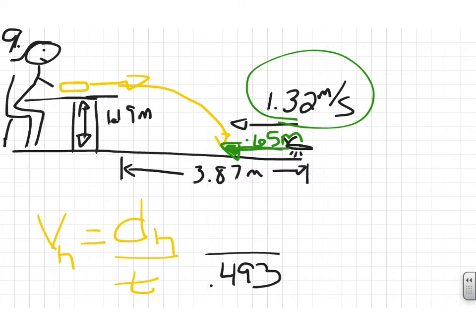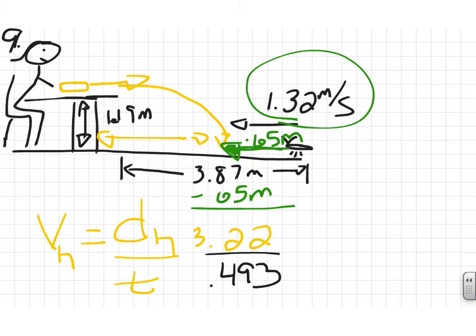So basically, the 3.87 meters is how far he was when the calculator started to fall, but he's gotten 0.65 meters closer. So how much distance does the calculator have to cover? It has to cover the remaining distance, which is 3.87 minus 0.65.